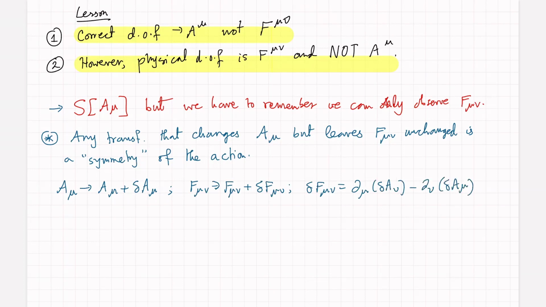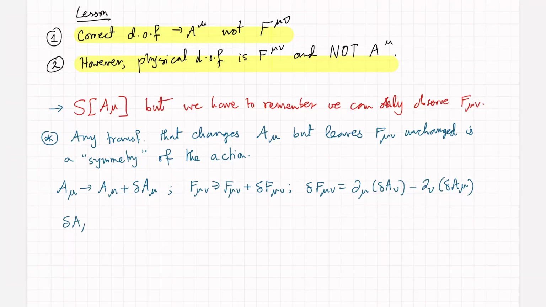This just follows from the definition of F mu nu in terms of A mu: if I change A by any arbitrary amount, F will change by this specific amount. Okay, so now we are looking for some kind of delta A mu such that this is identically 0. So basically, mathematically, the question is, does there exist some kind of delta A mu such that this is always 0? And the answer is yes.